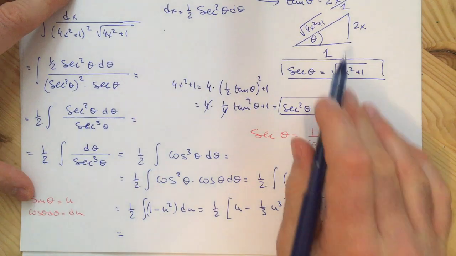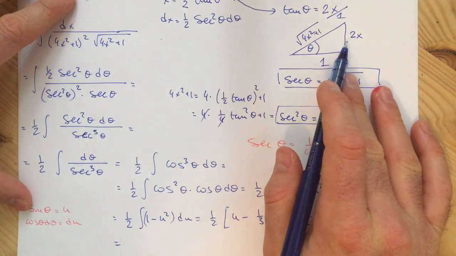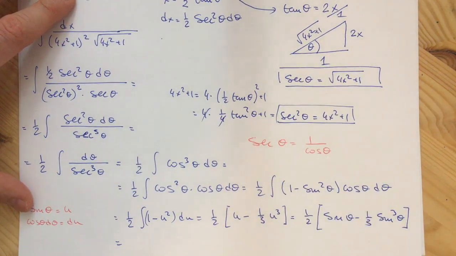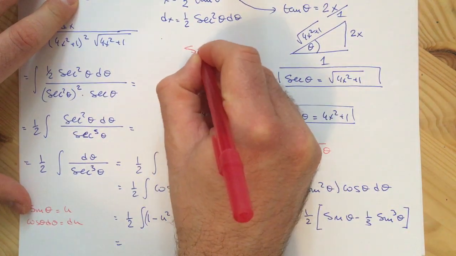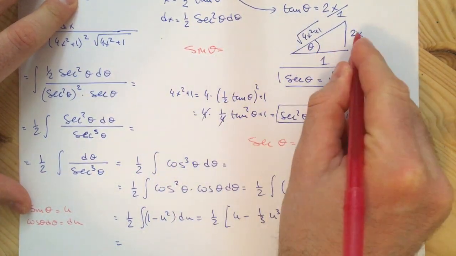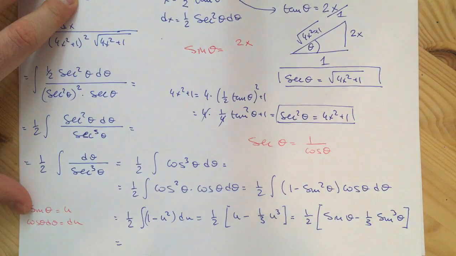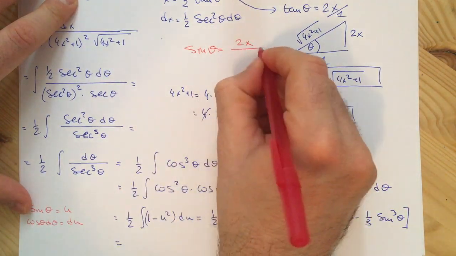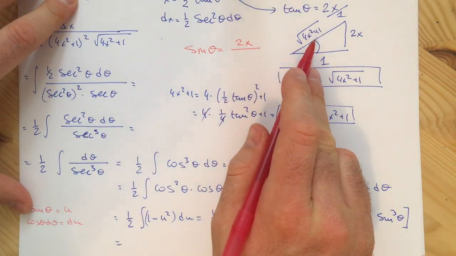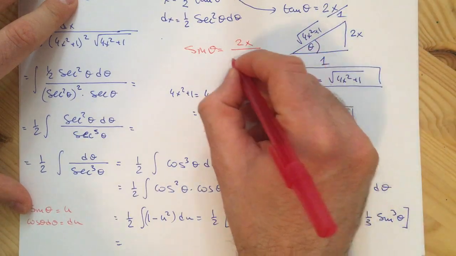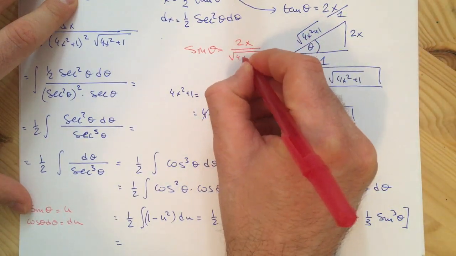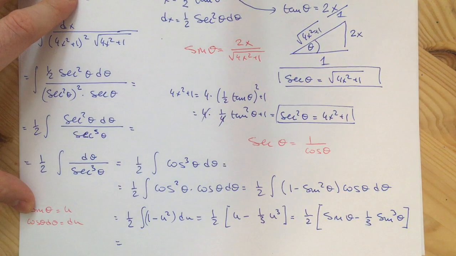And finally, from the triangle right here, we can read what sine of theta is. So sine of theta is equal to the opposite, 2x, over the hypotenuse, right? Square root of 4x squared plus 1. Okay, so we substitute this back in here.